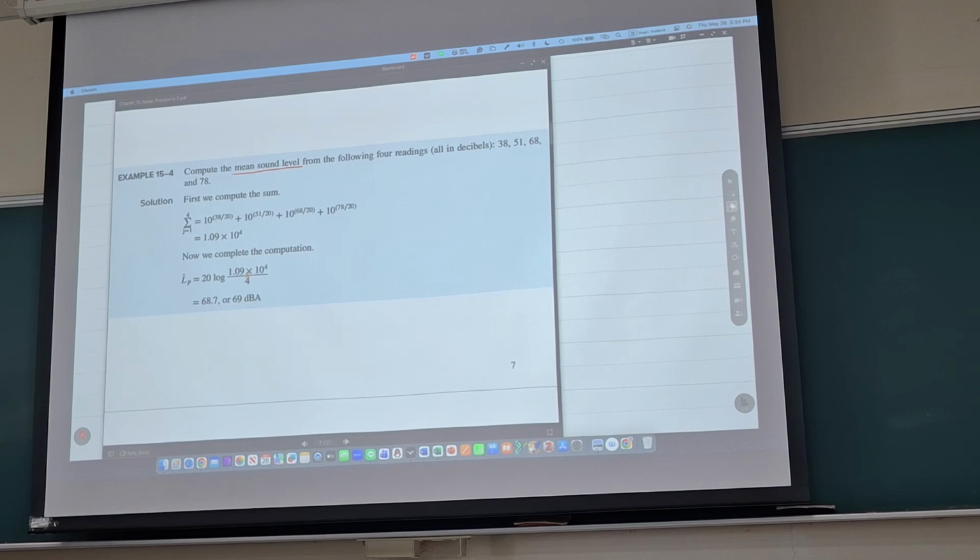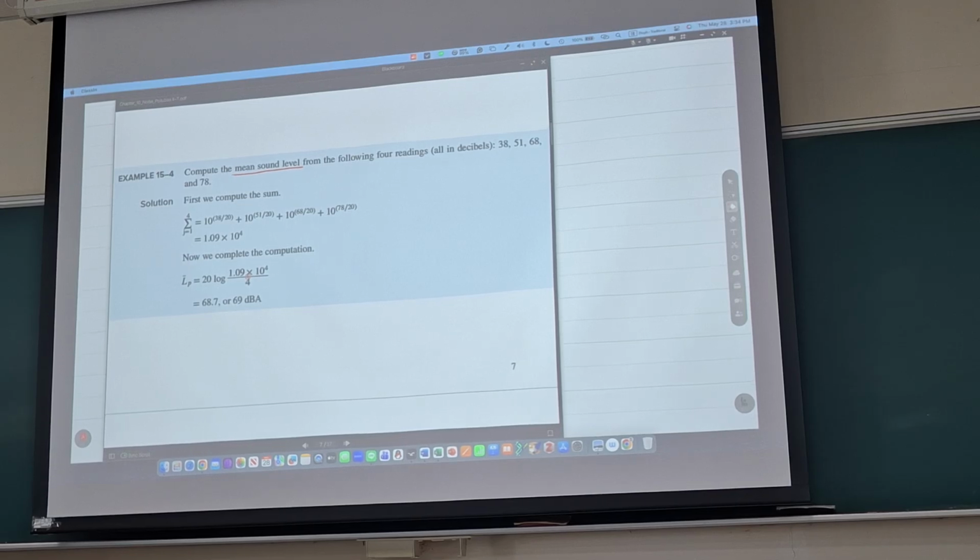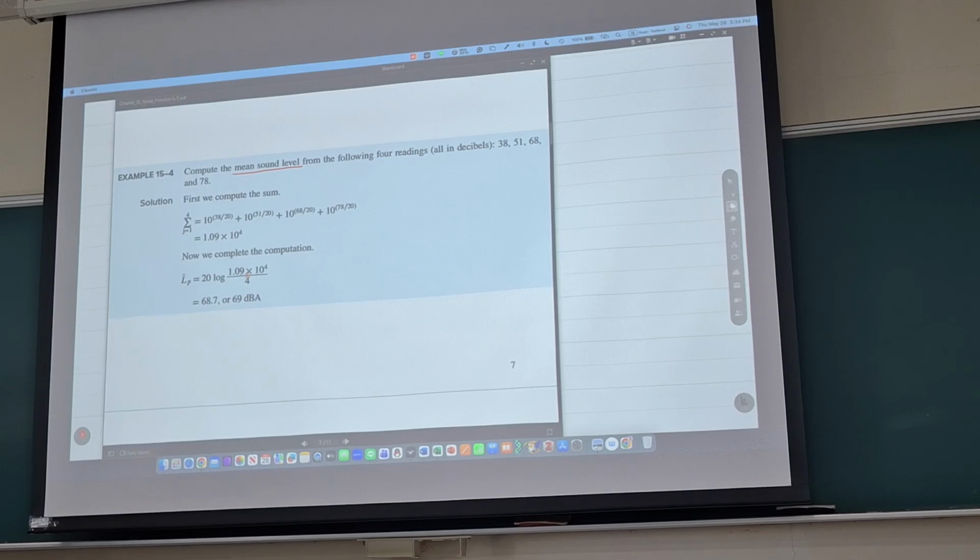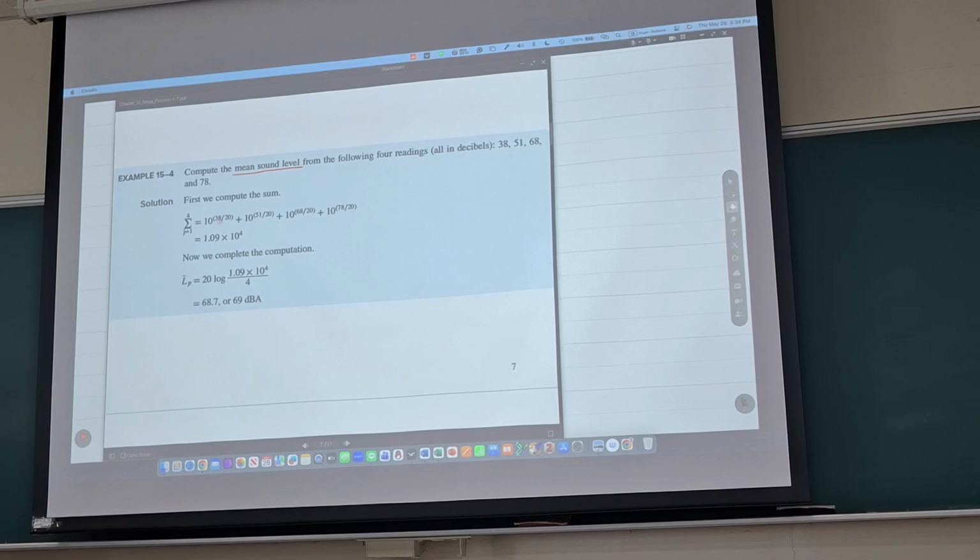Mean sound level from the following 4 readings: 38, 51, 68, 78. It's not elementary math, so don't just do 38 plus 51 plus 68 plus 78. It's impossible.